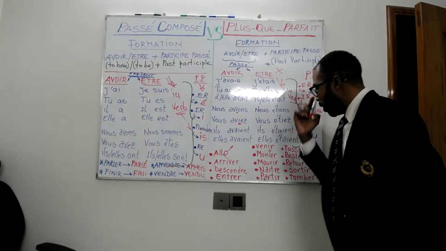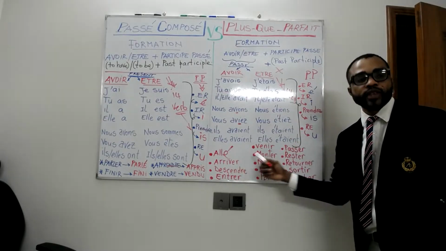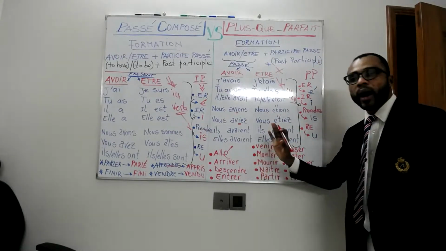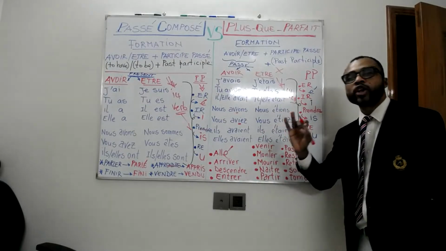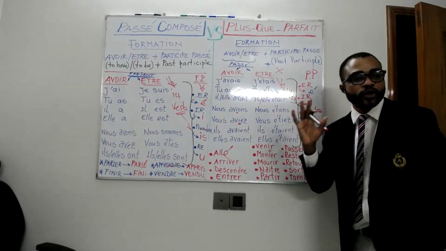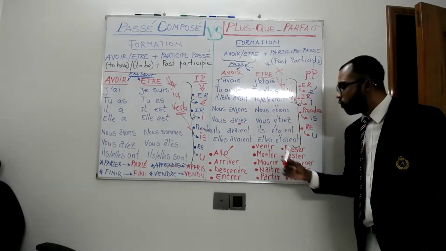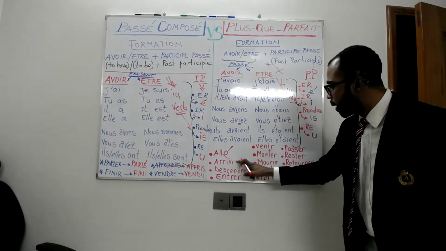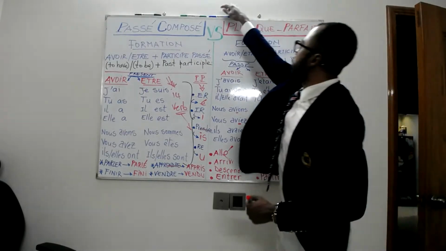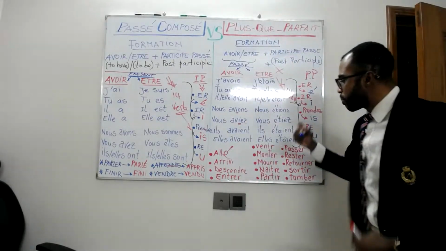Bravo. Alors, how do we get the past participle of these verbs? These verbs are more likely not regular, so there is no specific rule for some of them. For example, ER verbs keep respecting the rule. All right, so let's try the past participles of these verbs together.